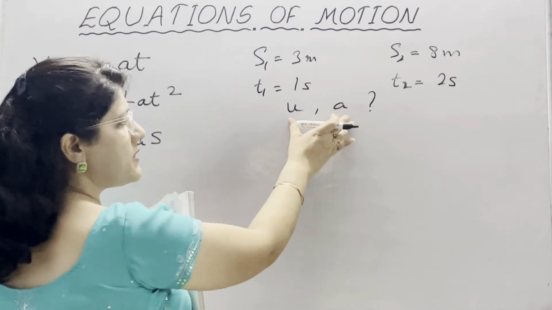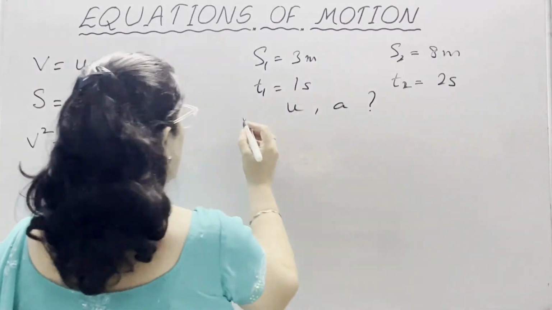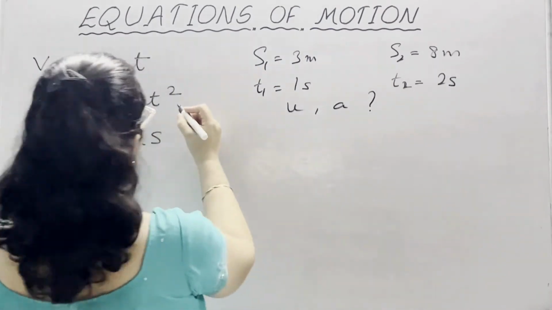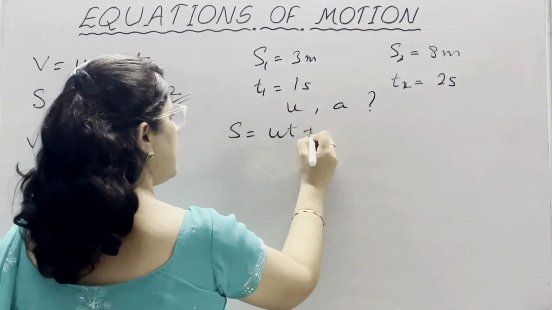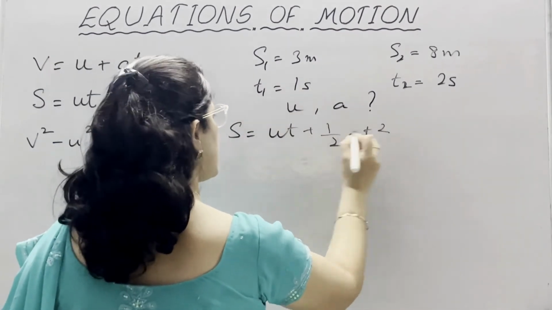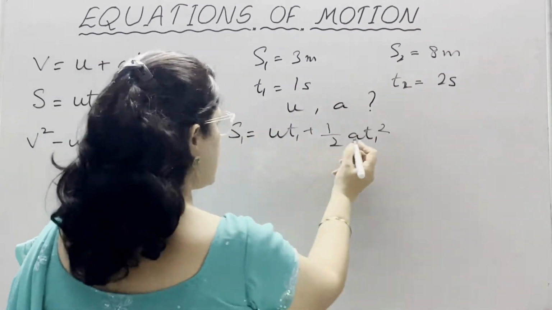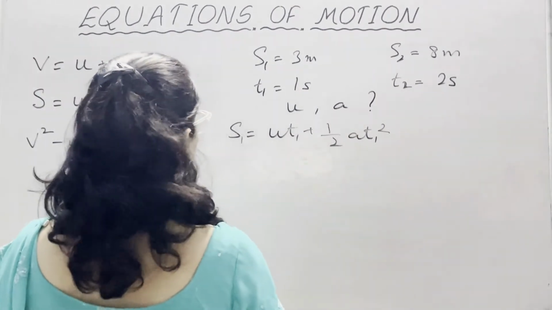Two unknown quantities, so we need two equations to solve this. S and T and U and A we have asked. So we need to use this equation: S is equal to UT plus half AT square. For S1 and T1, what is the value of S1?